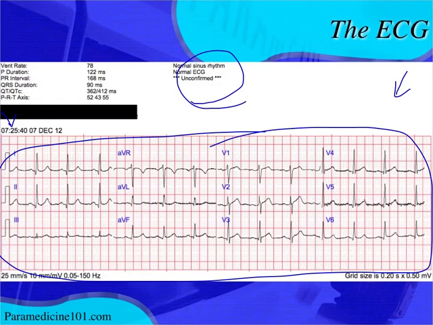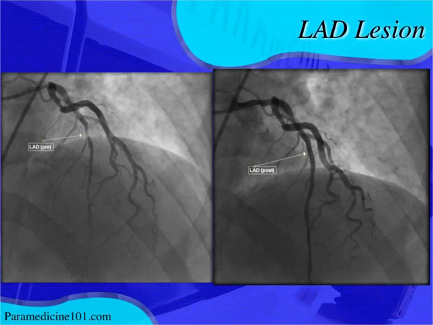All right. So if you're interested in the angiogram that goes along with this patient, because you don't believe me and you think it was an acute pericarditis, here on the left you see the angio from the initial pre-treatment catheterization, and you'll see that this is your left anterior descending artery, and it is very stenosed.